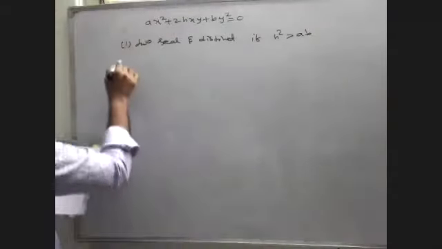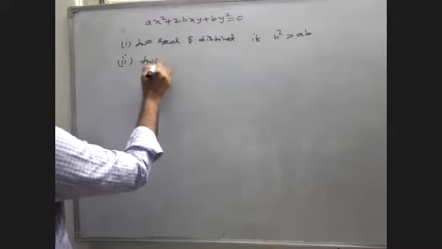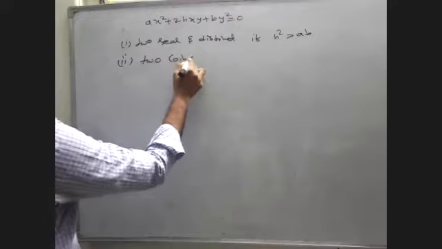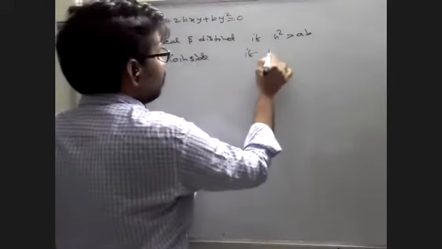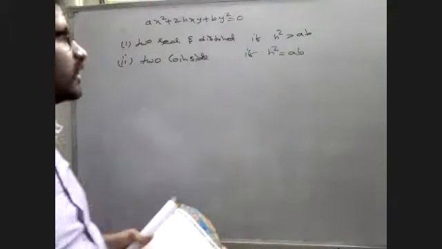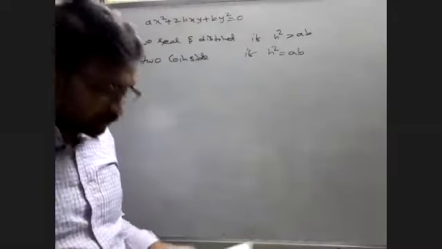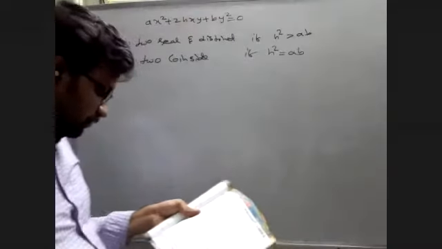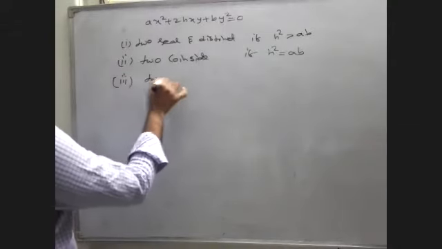Now second, this represents two coincident lines. When does this happen? We already know, h square equal to ab. If h square equal to ab, then we can say this pair of lines represents two coincident lines. Now the third one, what is remaining? Two imaginary lines.